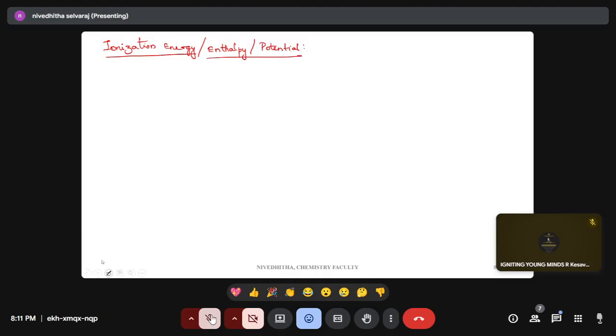Hannah, what is ionization energy? This we have already discussed in atomic structure also. Ma'am, the minimum energy required to remove the last electron. Very good. So the minimum amount of energy required to remove a loosely bound electron, which is your valence electron, from an isolated gaseous atom.